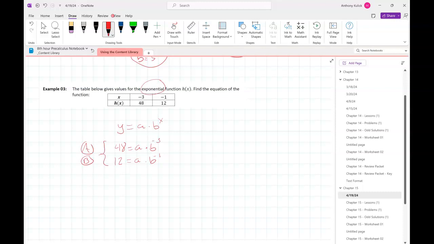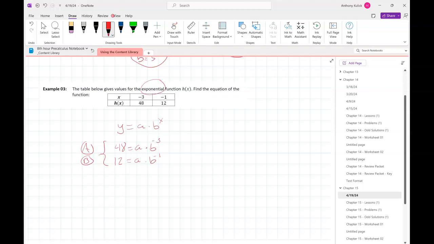But the elimination I'm going to use is going to be a little bit different than the elimination we did before. Because in Chapter A, our variables in our equation are always being added or subtracted to one another. Here, the variables in our equation are being multiplied together. So instead of adding two equations together to eliminate the variables, I'm going to divide the two equations by each other to eliminate the variables.